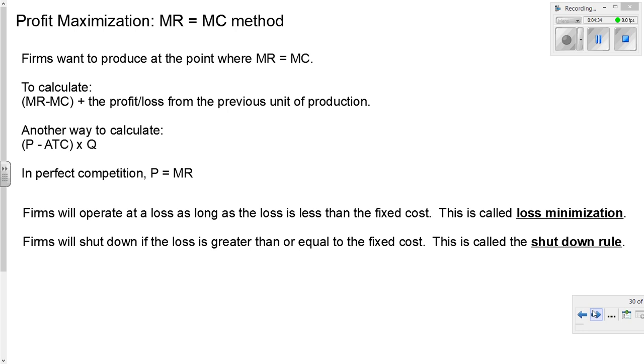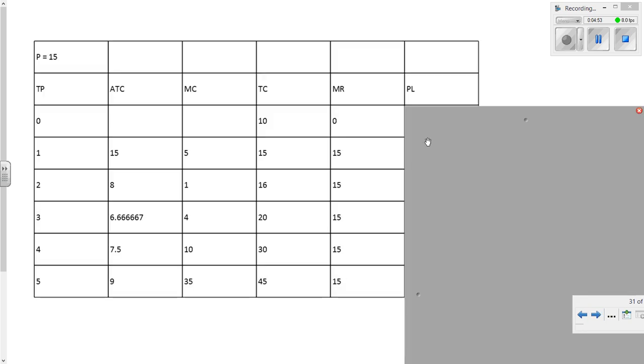So what I would do is, when I was looking at the cost and revenue schedule for a firm, at each level of production, I would take the marginal revenue and subtract the marginal cost from that. Plus, I would add the profit or loss from the previous unit of production. So if we just look at this fast, we can see we have a marginal revenue column right here, marginal cost column here.